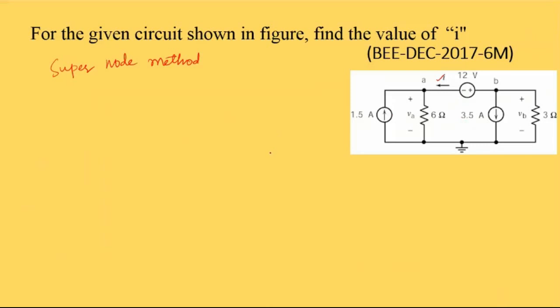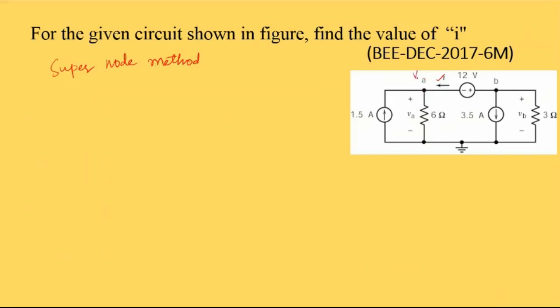As we did for the supermesh analysis, by ignoring that particular current source and combining the equations of loops 1 and 3, here we are going to write the equation for nodes A and B combined and take the voltage source as another equation. As there are two nodes, we will get two voltages, or two equations to solve.